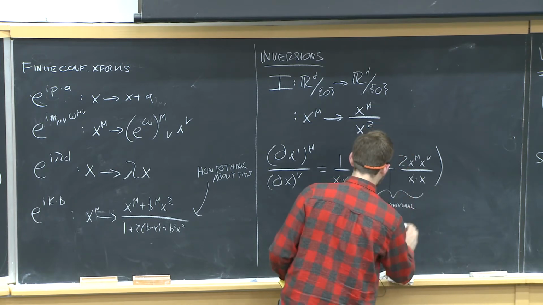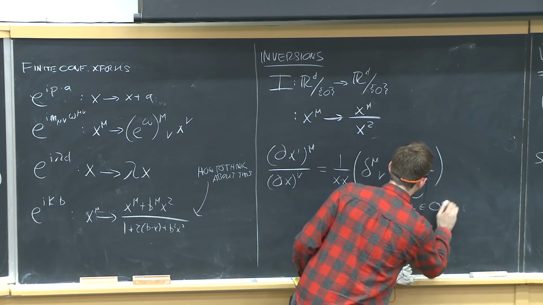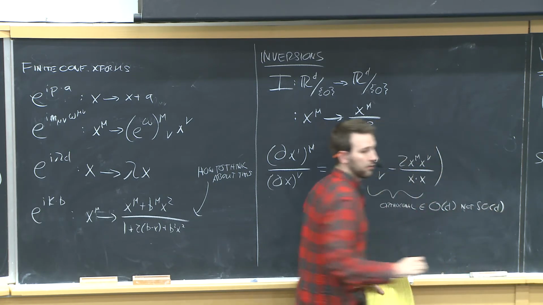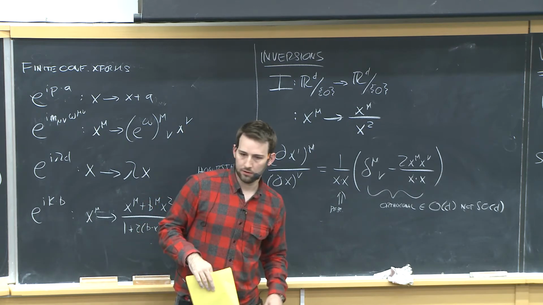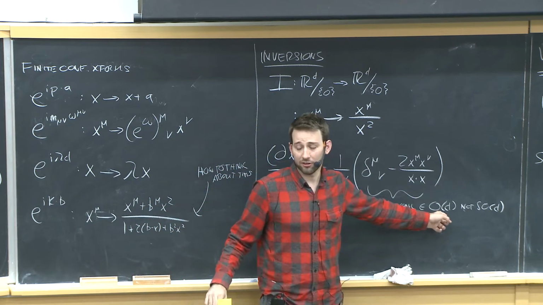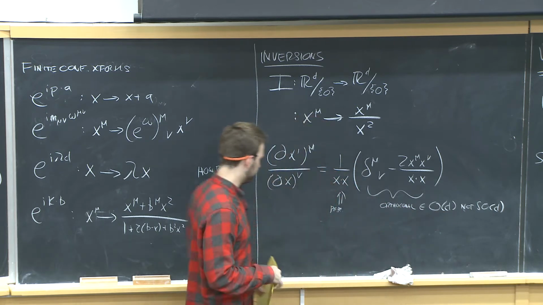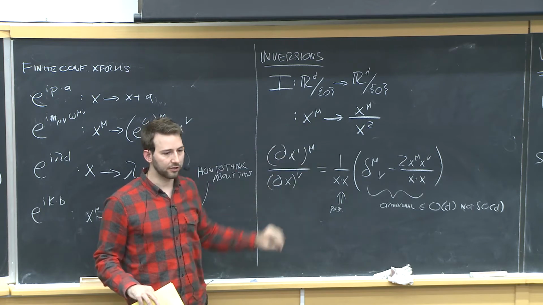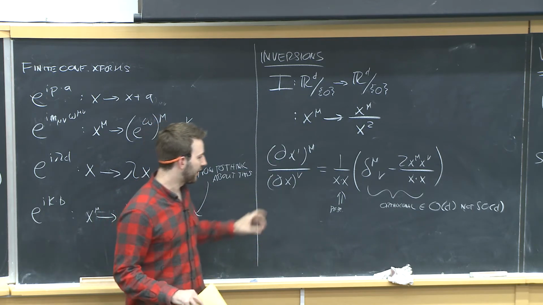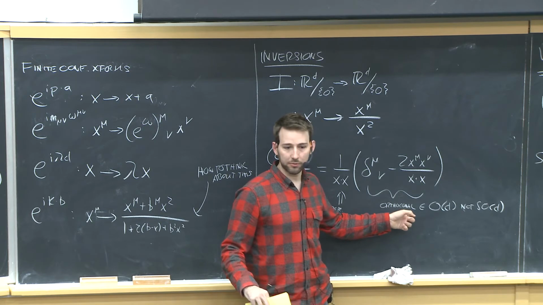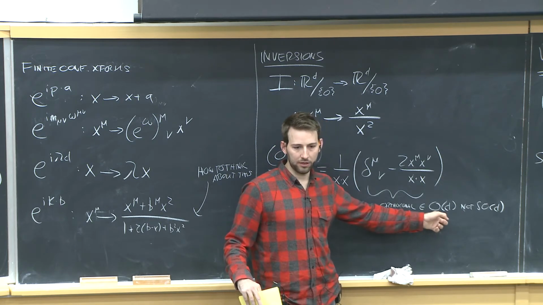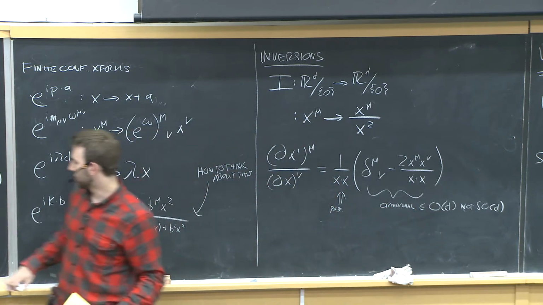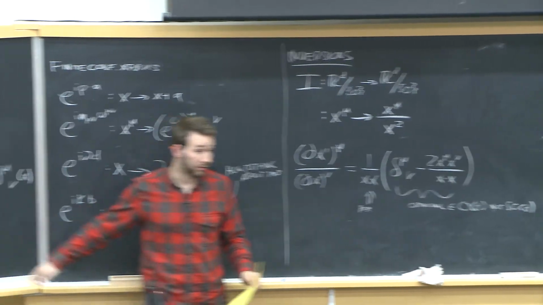And in fact, this is in O(D) and not SO(D). So this is an orientation changing element of O(D). So this is a conformal transformation, but it's not connected to the identity. In particular, you can tell it's not connected to the identity because you ended up with your orthogonal matrix in the Jacobian being in the disconnected component of the orthogonal group. Whereas when you exponentiated things, you had to get something that lived in the connected component of the orthogonal group.